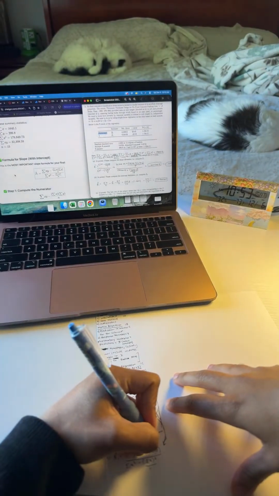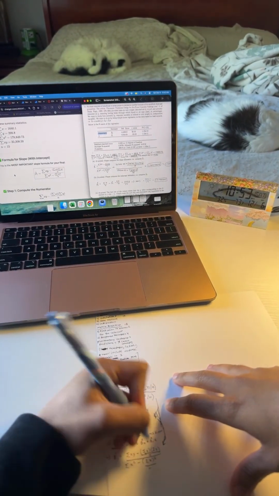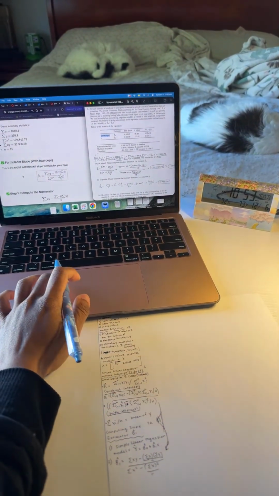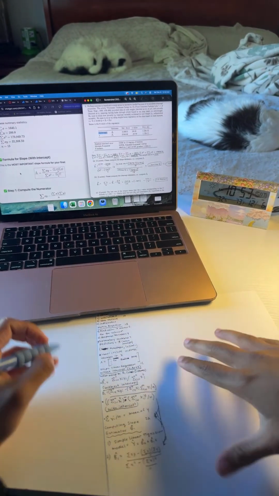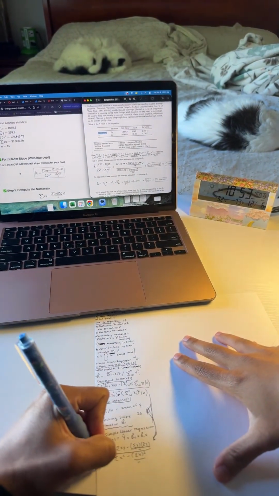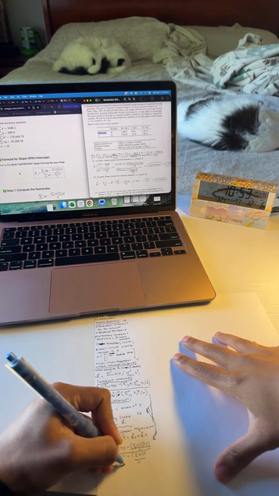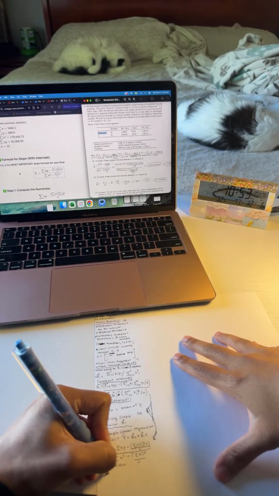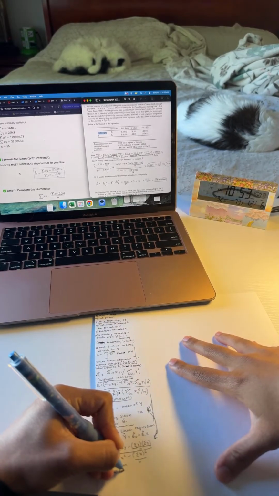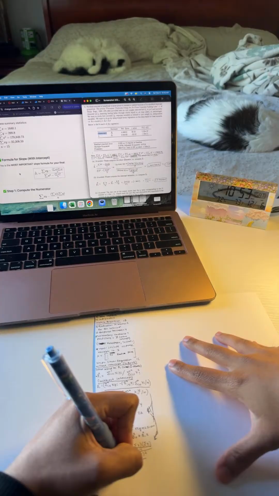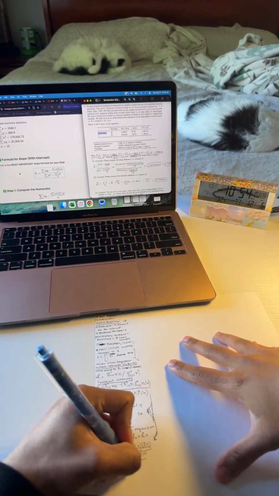Both over n. Oh my gosh. Alright, so this is the formula for slope with intercept, simpler written.